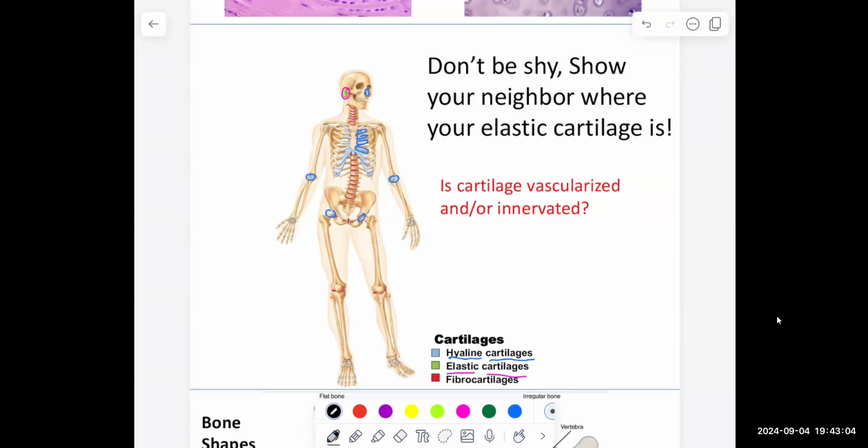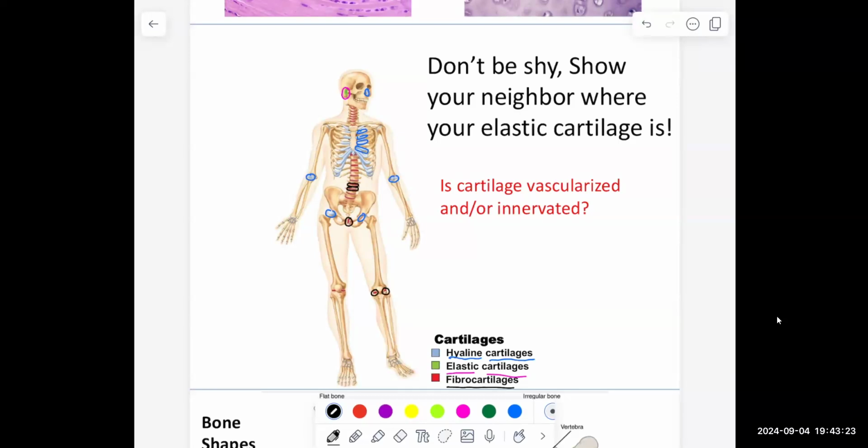What about fibrocartilage? Where do you find fibrocartilage in the skeleton? Do you see it in red? In between the vertebra, the intervertebral discs, your meniscus, your pubic symphysis.